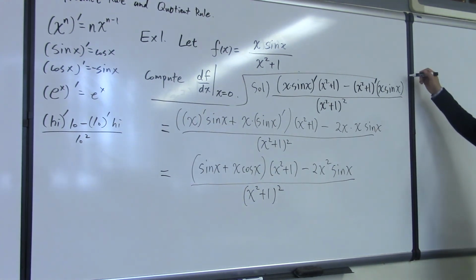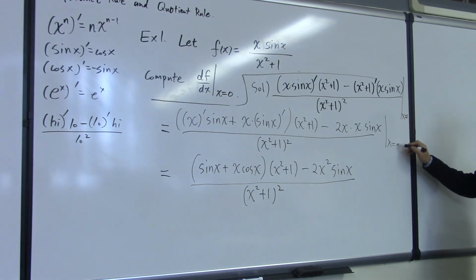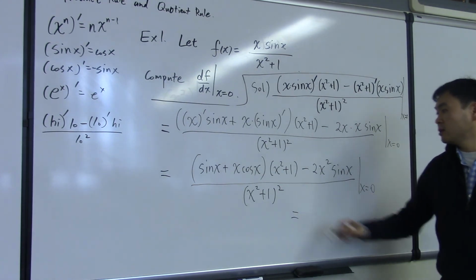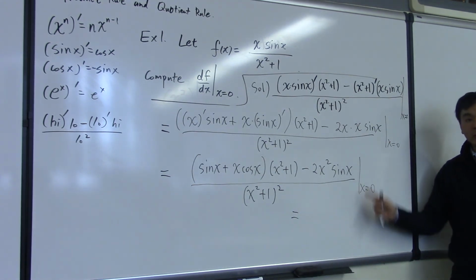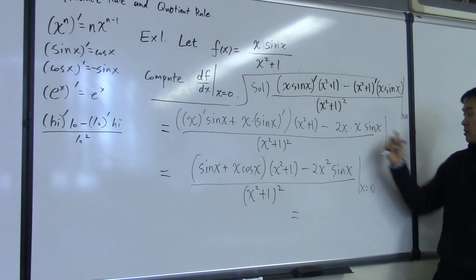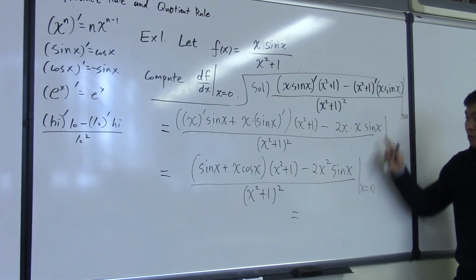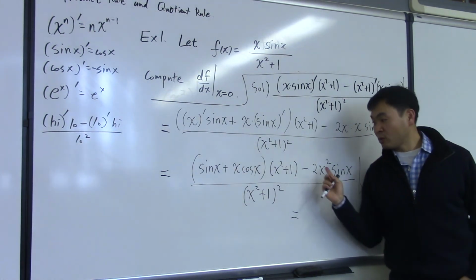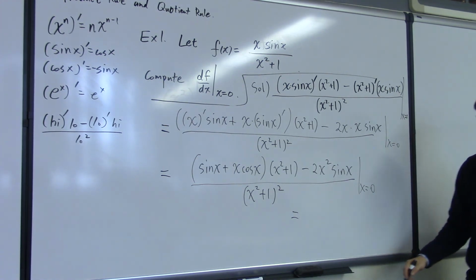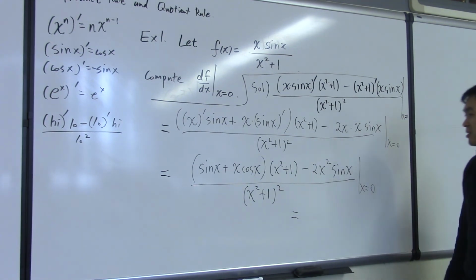All right, now let's evaluate this at x equal to 0. Okay, so just put x equal to 0 here. See, this means only after you've completed the derivatives may you plug in 0. I couldn't plug in 0 earlier because I still had some more derivatives to compute. Only after figuring out all the derivatives may I plug in x equal to 0. And if I plug in x equal to 0, oh, I just got 0.